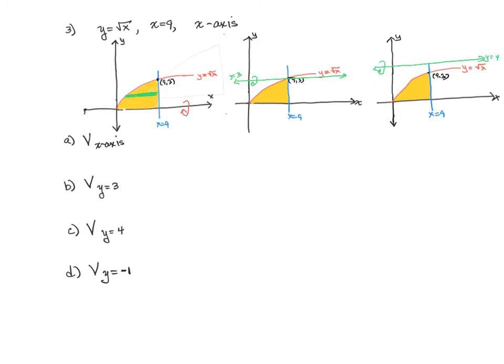But each of these are parallel to the x-axis, so each of these require the same horizontal rectangle. And if you recall, with a horizontal rectangle, we integrate with respect to y in each of these cases. And the height of this rectangle is always right minus left. So we could start setting up these integrals.